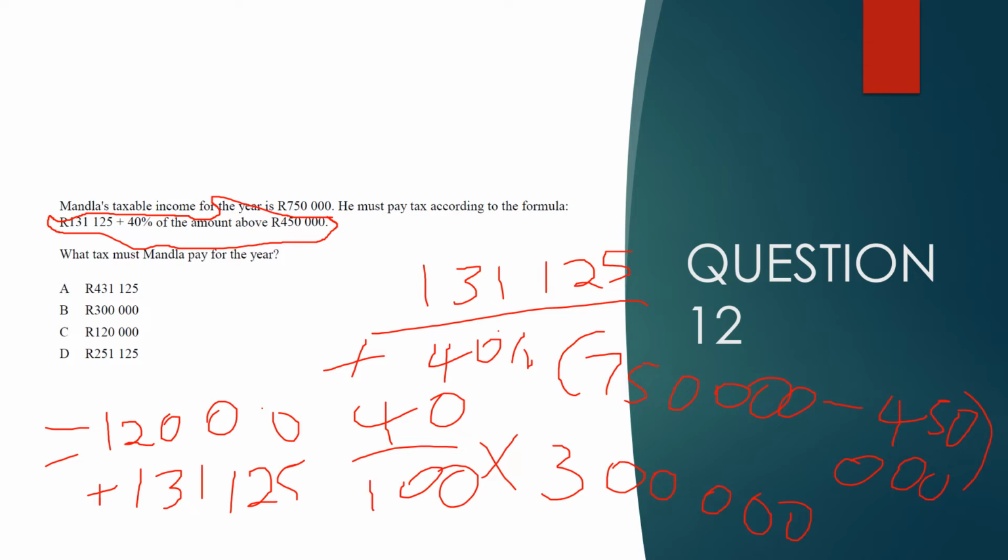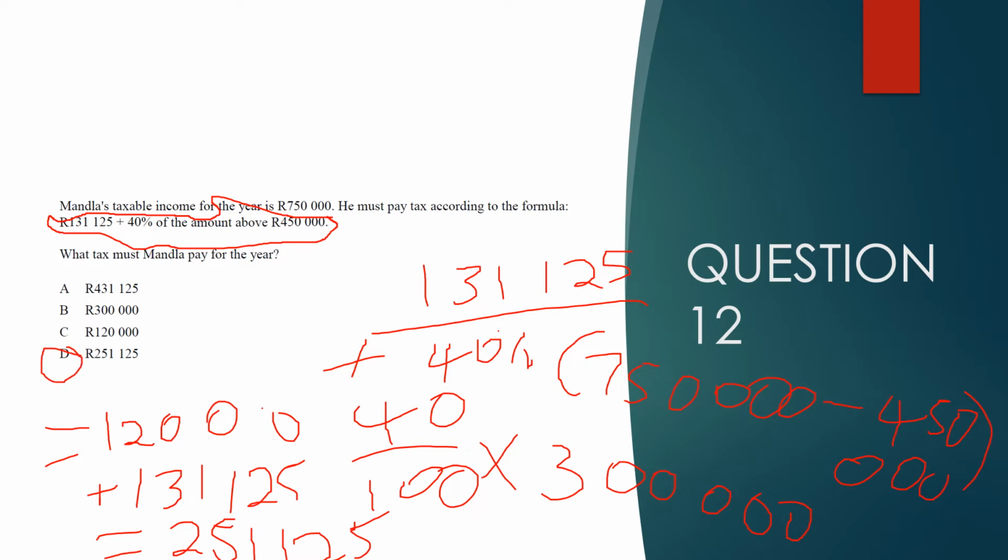So you add 120,000 to 131,125, and that will give you 251,125. This is Mandla's tax for the year. This is what he's supposed to pay for the whole year to SARS. So option D is the correct answer for us.